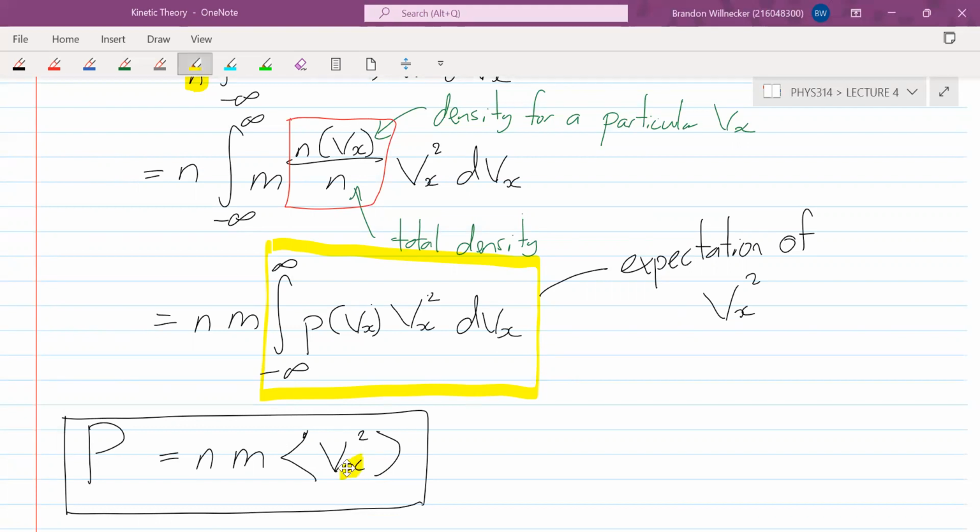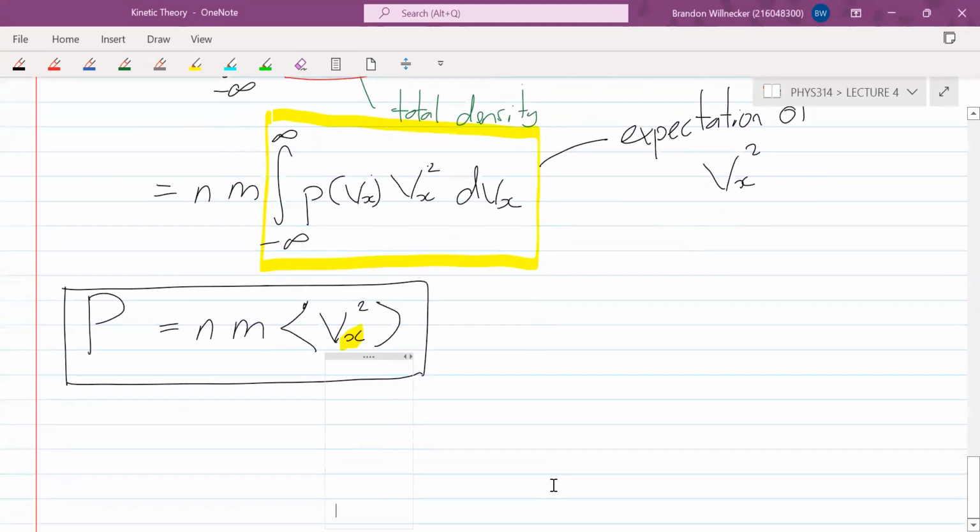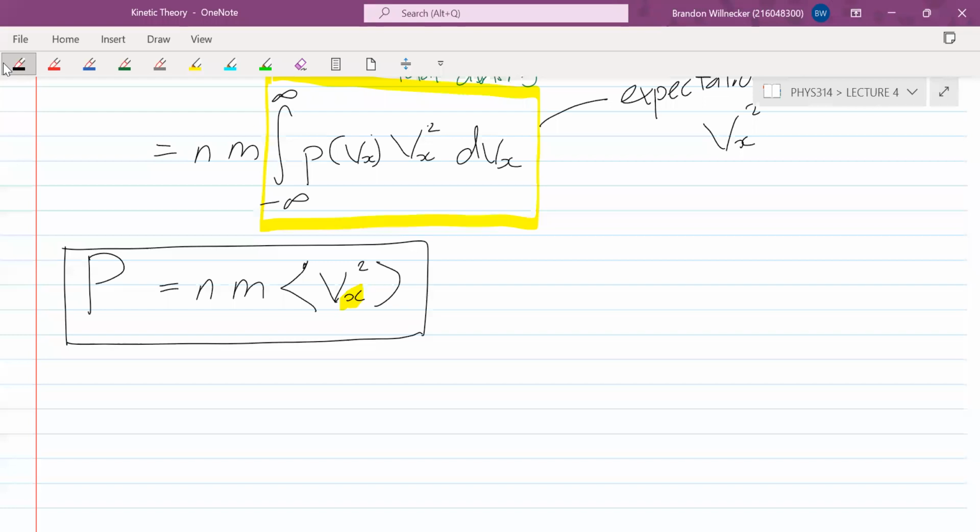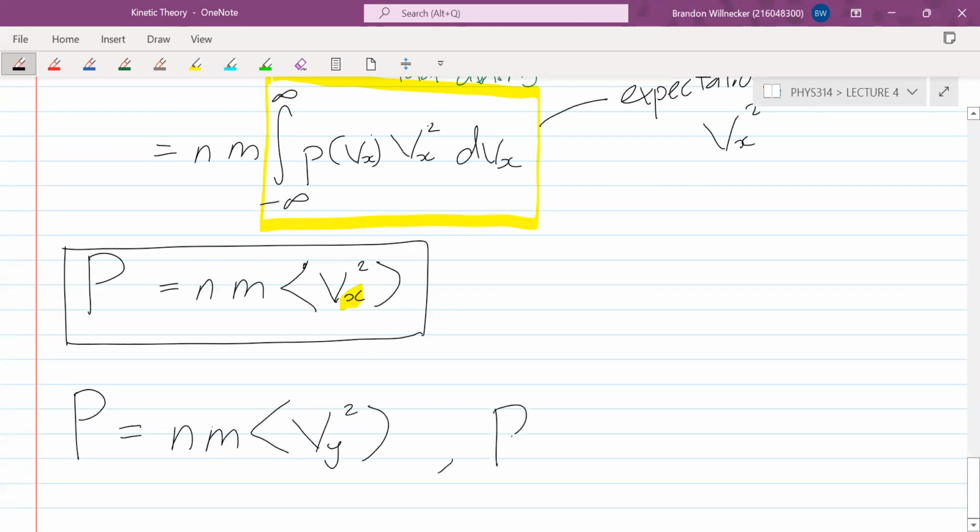Now we could have done the same thing for Vy or Vz and obtained a similar result. In other words, we could have found the pressure P equals n m expectation of Vy squared, or we could have done the same thing with Z. So it would be n times m Vz squared.